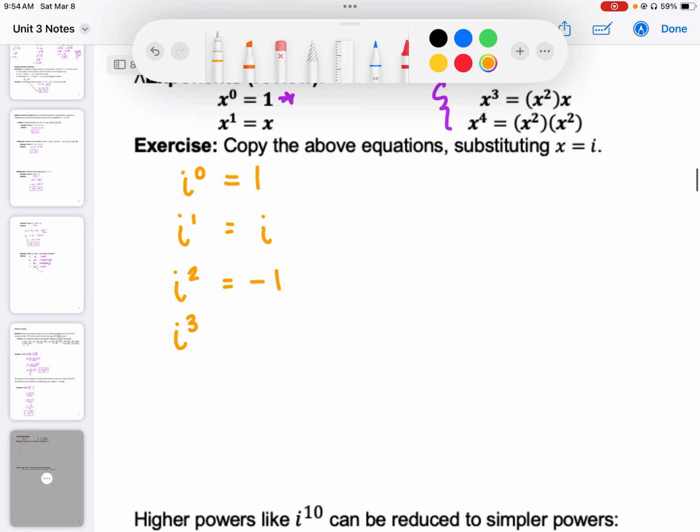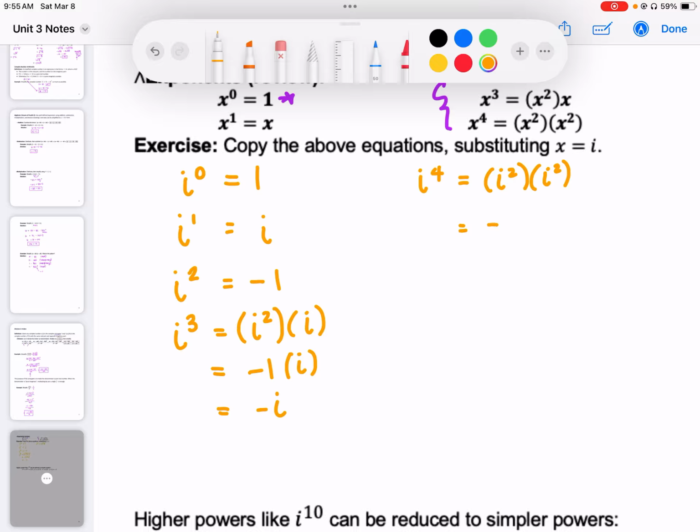If we have I cubed, we could rewrite that as I squared times I, which we've established as minus 1 times I, or negative I. And then I'll come up here to do I to the 4th, which we could write as I squared times I squared, which is minus 1 times minus 1, which is plus 1.